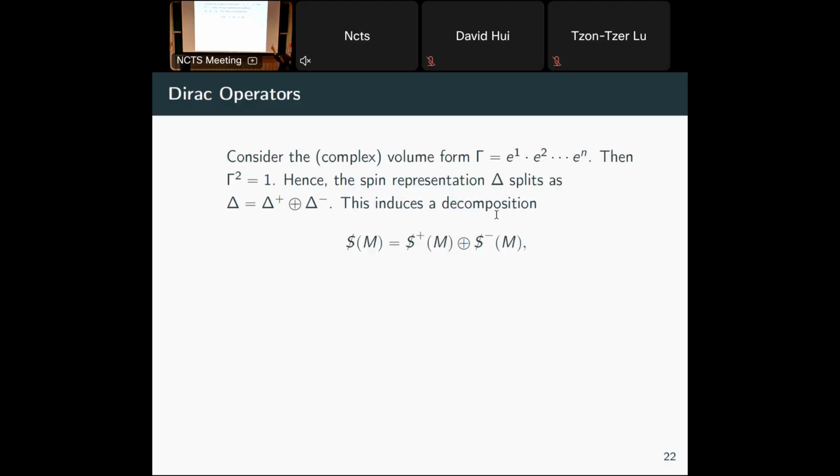This doesn't always happen. Your manifold has to be even dimensional, complex even dimensional. For an odd dimensional manifold, you will not see this decomposition. So basically, if you restrict your Dirac operator to the plus part and the minus part, you can also define the positive and negative Dirac operators.